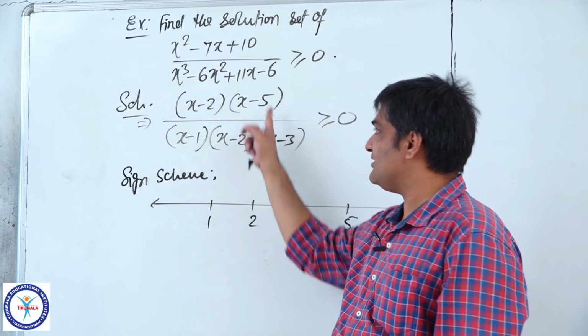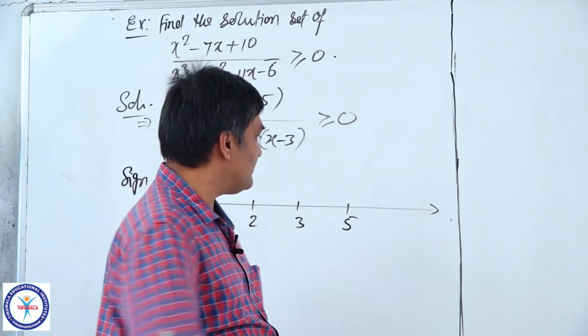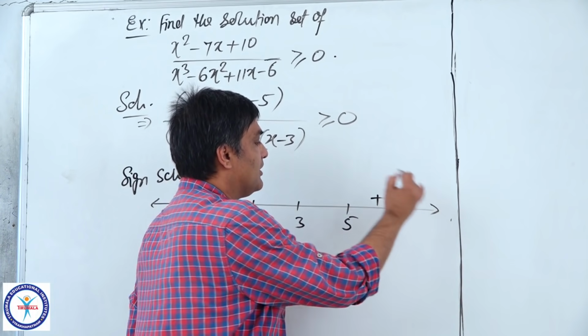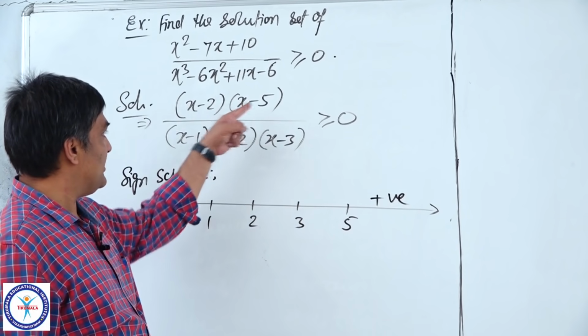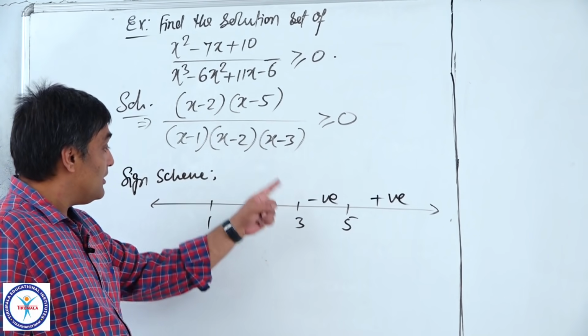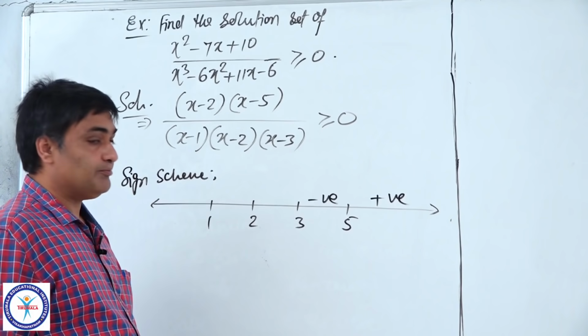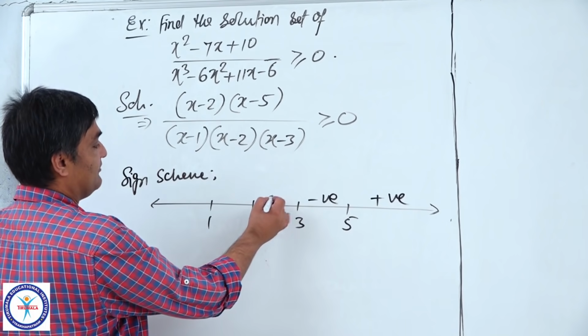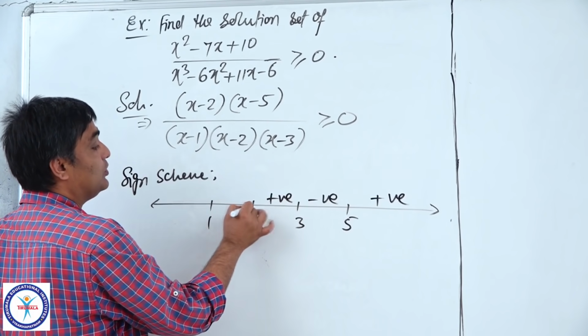At x equal to 8, this expression is positive, 8 is here, positive. Cross 5, 5 how many times? One time, odd time, sign will change.